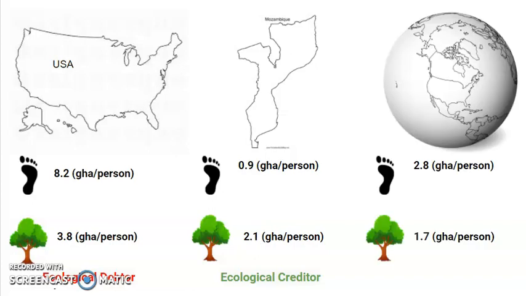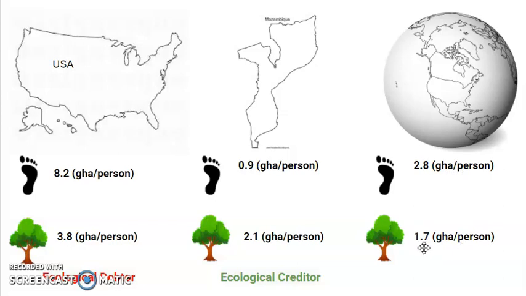How about Earth? How about general Earth? So if you combine all the countries on the Earth, we have 1.7 global hectare area biocapacity, but we are using 2.8 global hectare area per person. We are using more than we can generate.